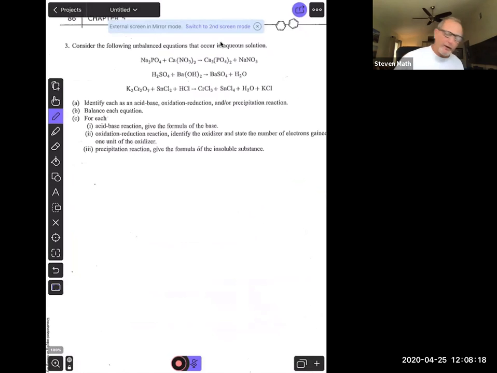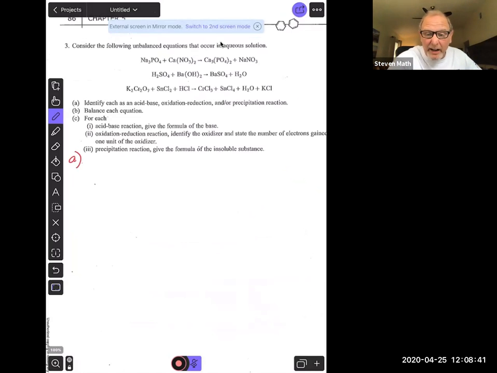Three is a really neat question. And I kind of like this because it's reactions. So A says, identify each as an acid base, redox, and or a precipitate reaction. So let's look at A. We've got Na3PO4 and so on.